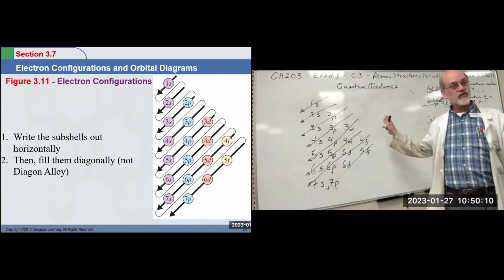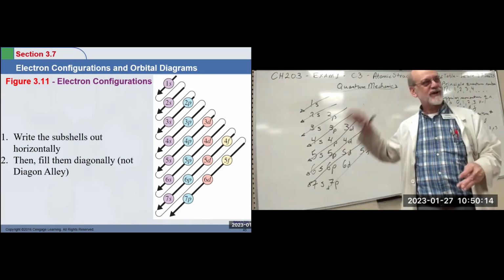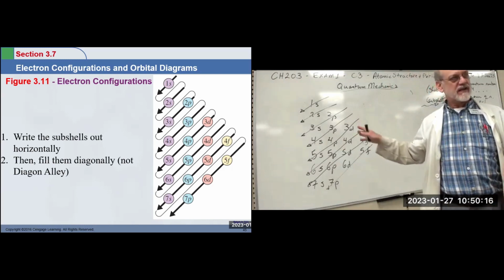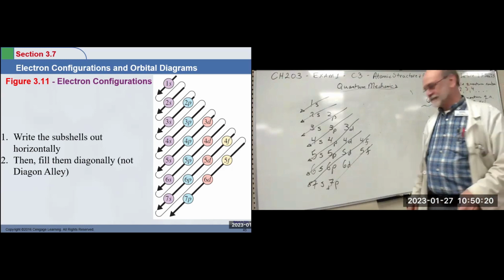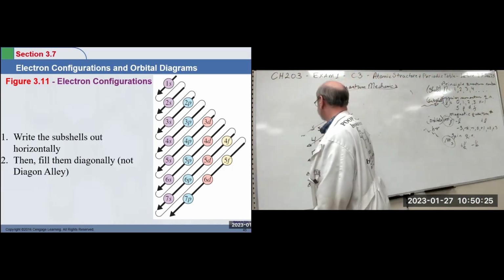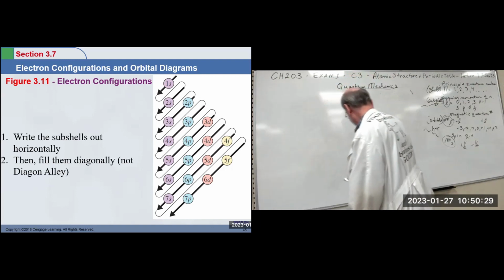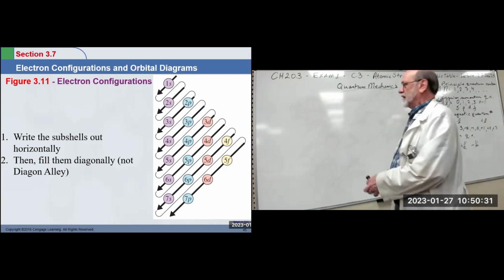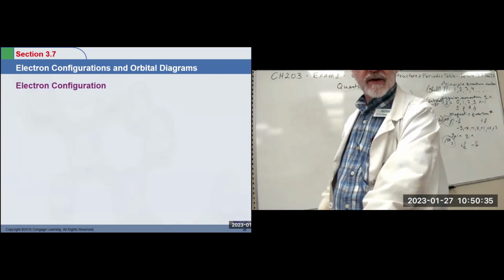Now, I know that's a lot of trouble. There's an easier way. After saying all that, there's an easier way to do it. Use the periodic table. Excuse me.